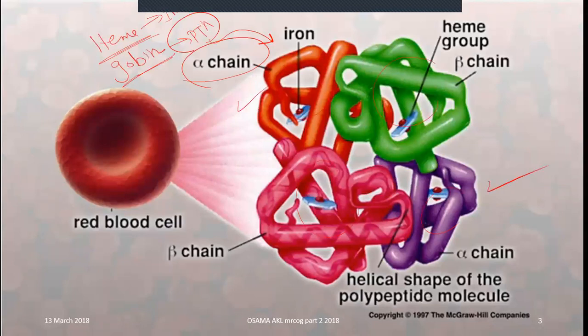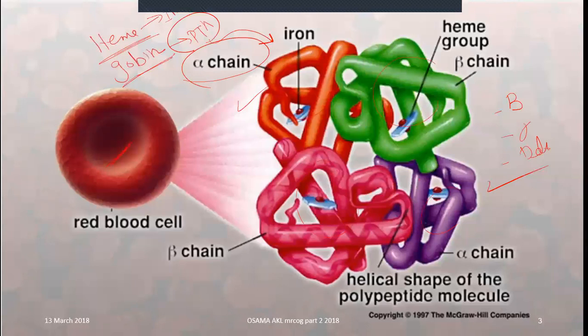So any human being, either an adult or fetus, should have two alpha chain subunits in the globin protein of the hemoglobin inside the RBCs. So we have two alpha chains and we have two other chains. These other two chains may be beta, maybe gamma, maybe delta, according to is it an embryo or an adult.